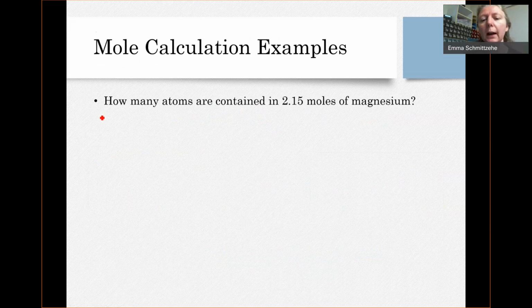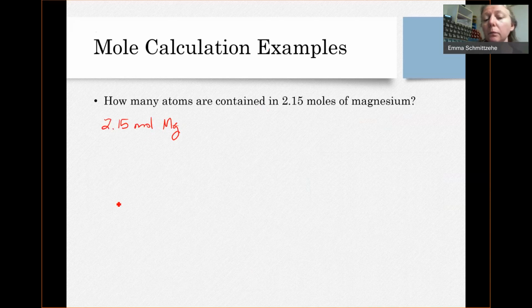So this first one, I say, how many atoms are contained in 2.15 moles of magnesium? We're only given one piece of information and we're looking for one thing, right? We're given moles, we're looking for atoms. So I'm going to start with what's given. That would be the 2.15 moles of magnesium, and I'll write moles as mol, the unit, and magnesium as Mg.